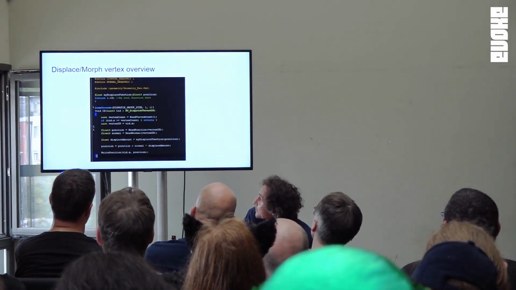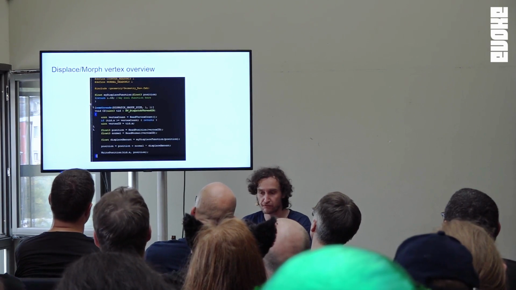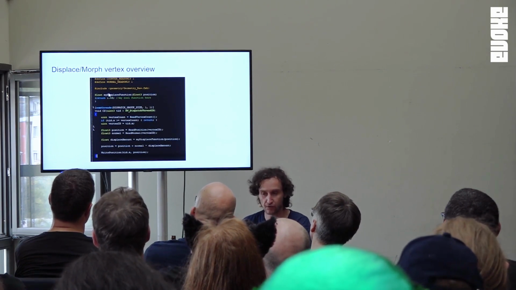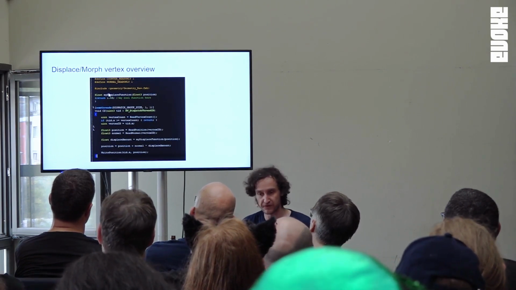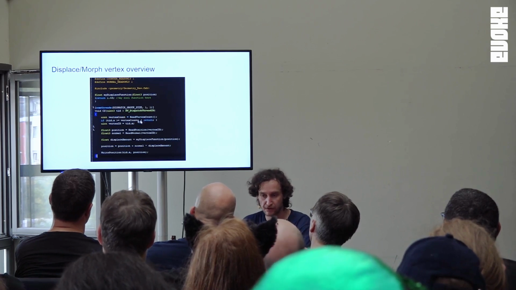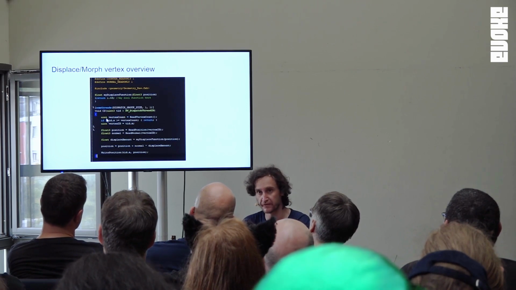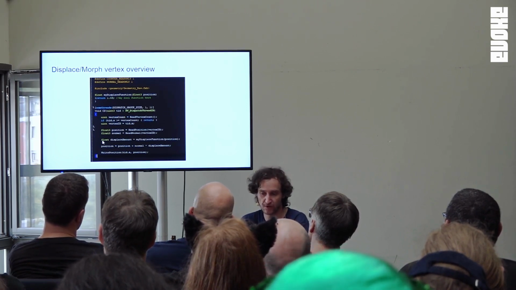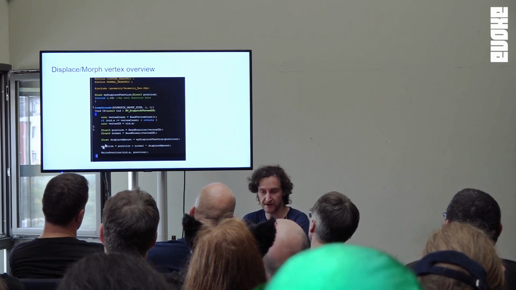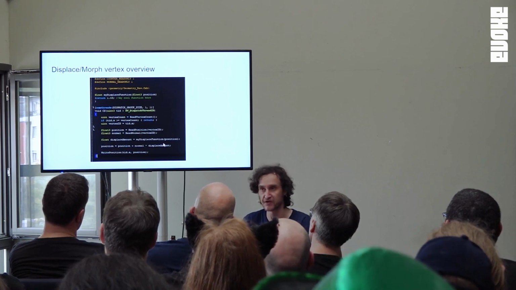It's pretty straightforward. So that's a displace function here, which just does something from the position. You have all the things like check how many vertices, make sure you don't overdraw, and just read your position, read your normal, compute your displace, and then, for example, here it's a displace along the normal.